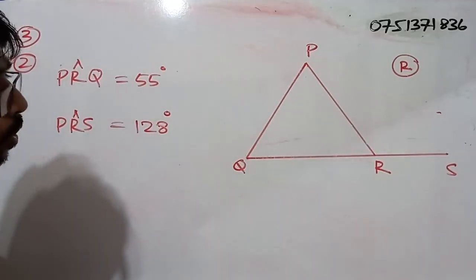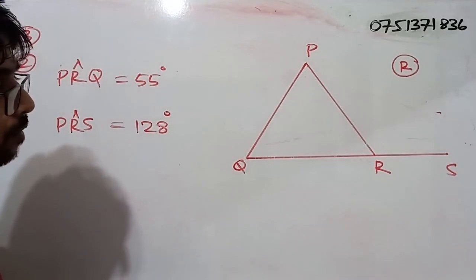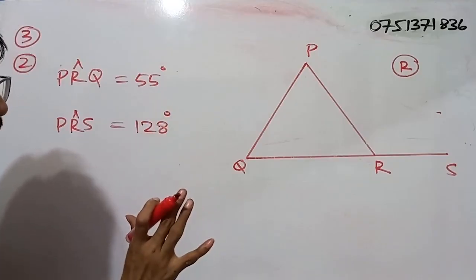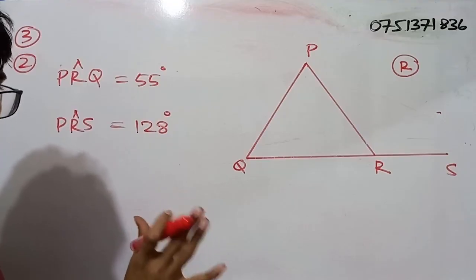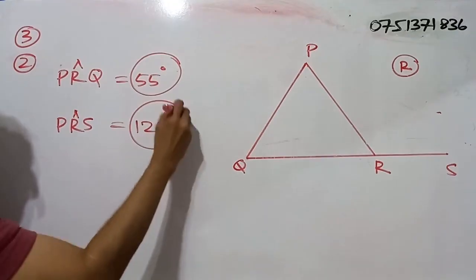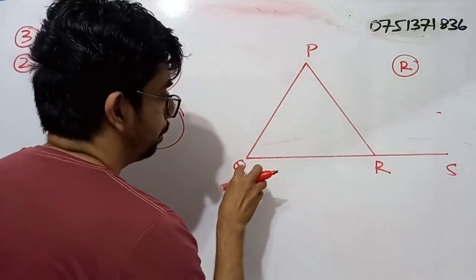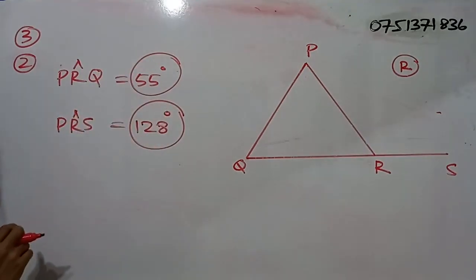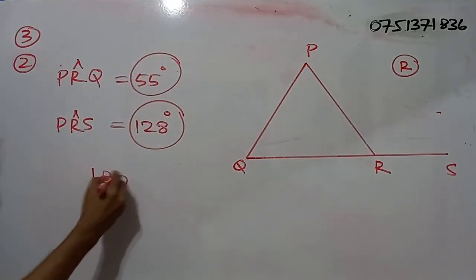So when we draw, and especially when we measure it from the whiteboard, the answers will be somewhat off. Theoretically, QRS is a straight line, so when we add these numbers together, it should sum up to 180.